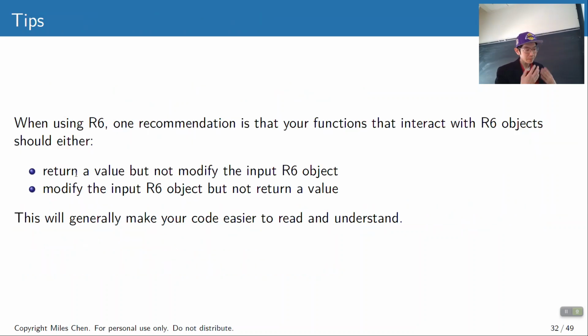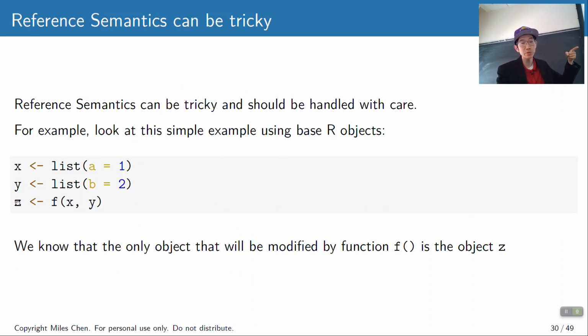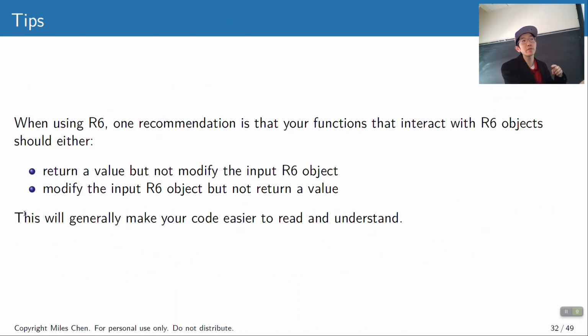A tip to help you avoid this kind of thing is that your functions should only do one of two things, and not both. One is it returns a value that you're going to store somewhere, and then when you see this function run, it's going to return a value. Anytime the function returns a value, it should not modify any of the argument objects going in.